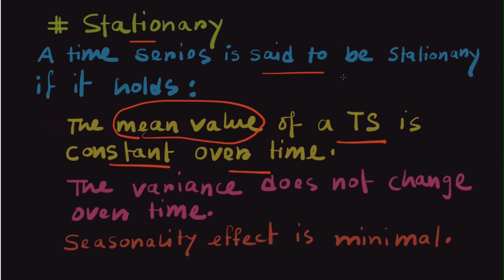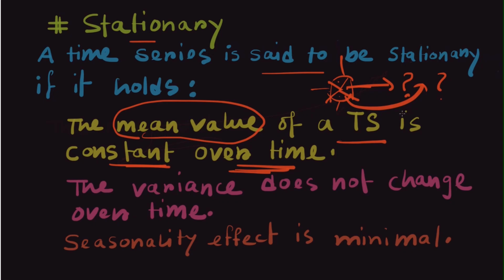If you take any chunk of the series, every chunk will have a constant mean value over time. If it changes, I mean this chunk gives you a different mean value than that chunk, then you have what is called a non-stationary problem.